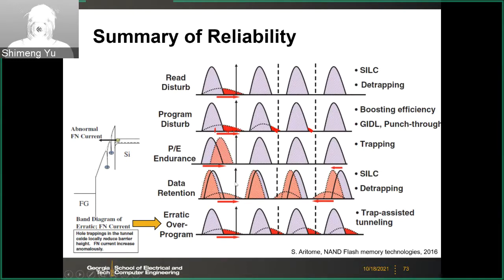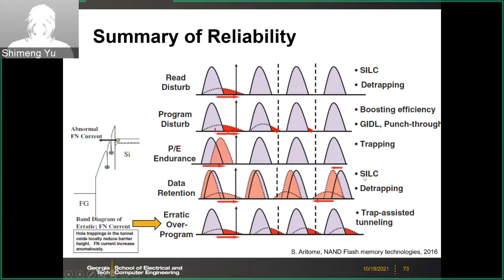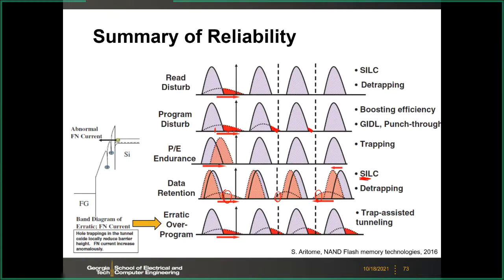And data retention. There are two mechanisms. One is the SILC. This will depend on the voltage polarity. So for the erased state, you will see a tail due to the SILC, and also for the program state, you will see a tail depending on the SILC.